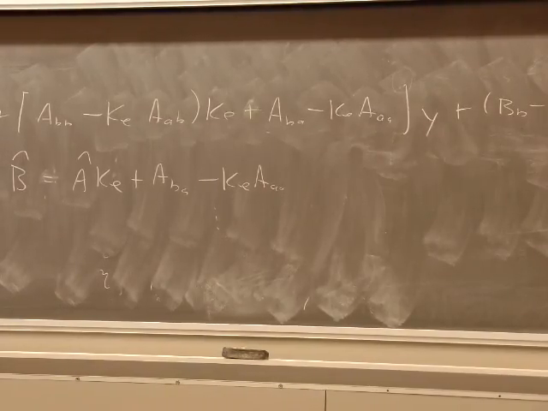Our matrix F here is B_b minus Ke B_a. So this whole thing simplifies greatly to something that's actually tractable here.